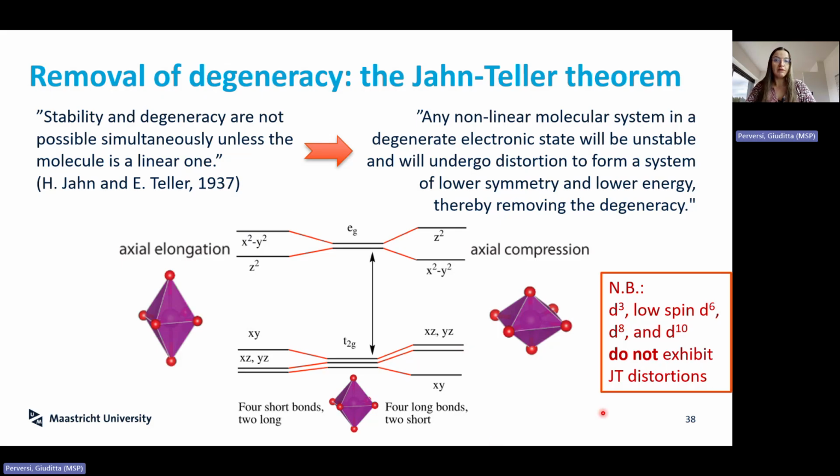Some of the electron configurations are completely immune from Jahn-Teller, on the basis that if there is no degeneracy, you are not going to try to remove it. There is nothing you can do to really remove it. So if you have something, for instance, like the D5 high spin that we've seen before, it's not really degenerate, or like the low spin D6 that we've seen before with the hexamino cobaltate, all of the orbitals in the lower set are occupied.